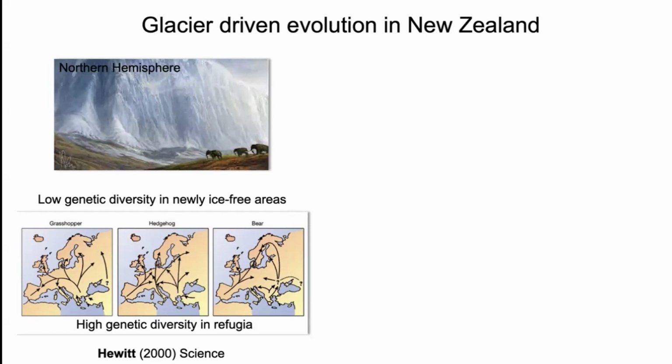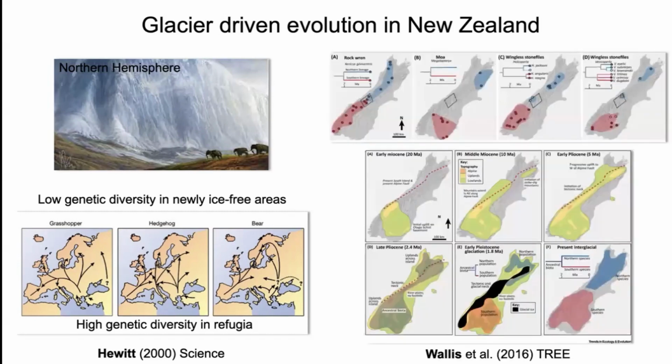Go through bottlenecks, and when the ice retreats, they expand back out. And so you get lots of genetic diversity down in the refugia and not much genetic diversity up in previously glaciated areas. And so you can kind of think of ice sheets destroying biodiversity.